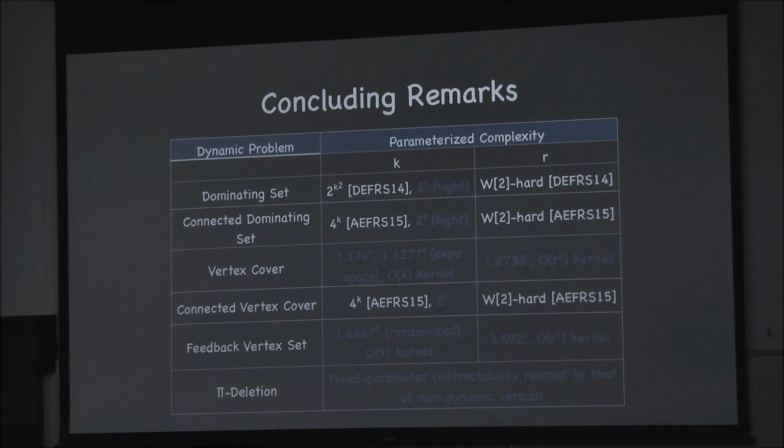And for connected vertex cover, the 2 par k also looks likely. We might not be able to improve it, once again using the set cover conjecture. In the classical parameterized world, connected vertex cover has a 2 par k algorithm, k being the solution size. Nothing better is expected, again using the set cover conjecture. This was known and this was proven by the authors who introduced the set cover conjecture.